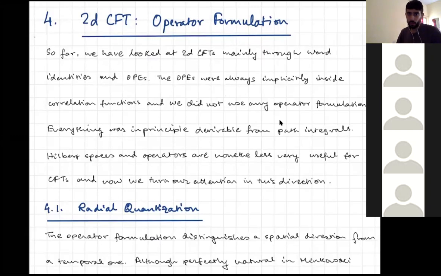So last time around, we were looking at this operator formulation of 2D CFT. We had so far been looking at CFTs through Ward identities and OPEs, and OPEs were implicitly always inside correlation functions, so we did not use any operator formulation.